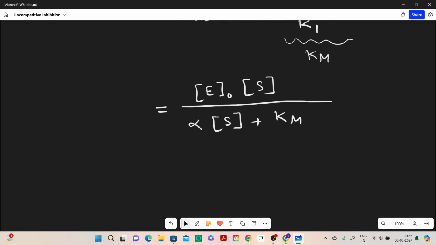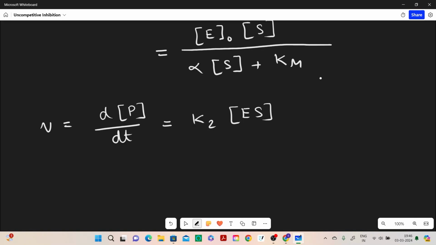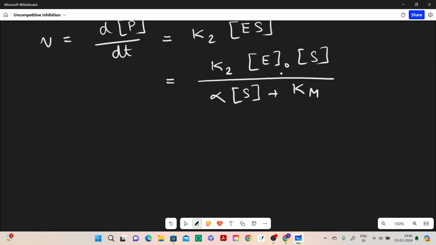Now we know that the rate of this enzymatic reaction, V, is the rate of formation of the product, which we can write down as K2 into ES. This term over here is basically ES, which we derived, so we can write this as K2 into E naught S divided by alpha S plus Km. Now we can write K2 into E naught as Vmax, and I will elaborate the term alpha over here.